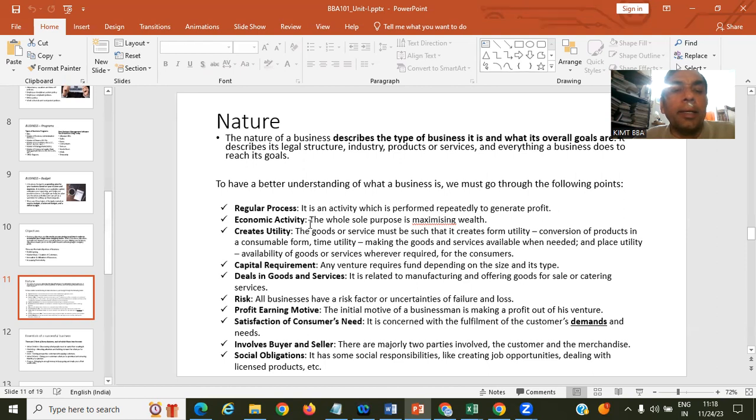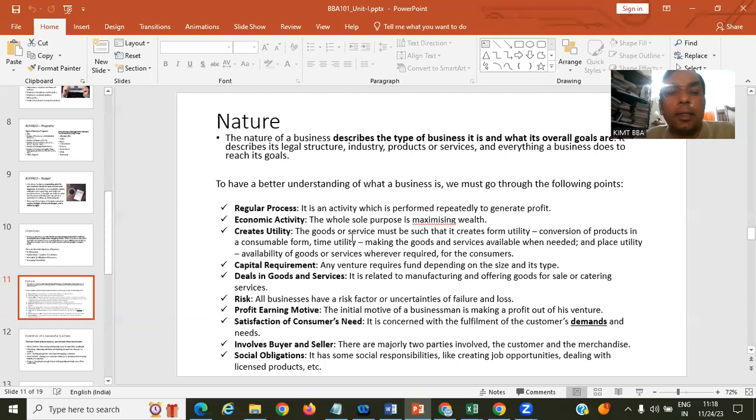Creates utility. So ultimately, whatever work you are doing in the business, it is giving some utility. You are not doing it for the sake of doing. It is having some impact on the society and the people. Some usage is there. The goods or services must be such that they create utility.